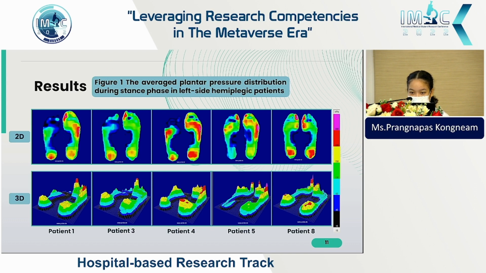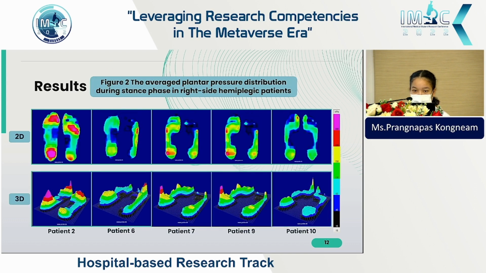We also did it for the right-side hemiplegic patients, and you can see that the forefoot and the midfoot of the right hemiplegic sides had less average plantar pressure than the normal side.